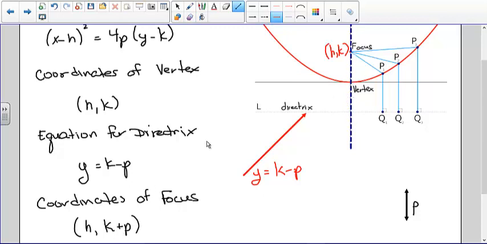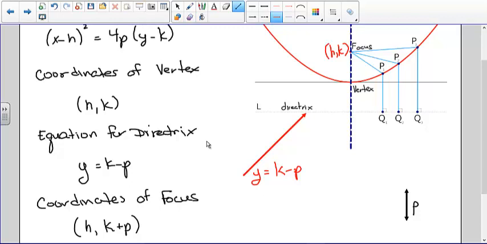So the whole idea here is to take an equation that's not in standard form and manipulate it so it is in standard form. And once it's in standard form, you can define all the important parameters associated with the parabola: the vertex, the line that defines the directrix, and the focus. And once you have that, you can sketch the parabola using that information.